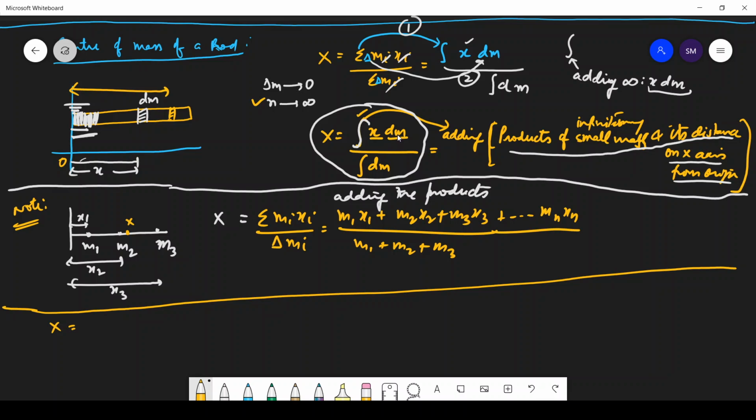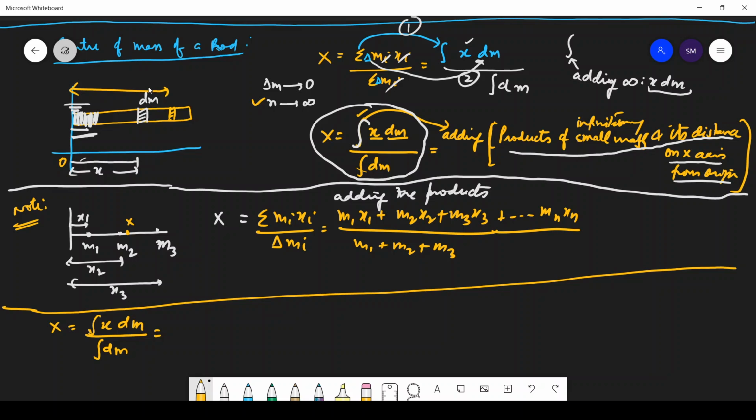In all the questions that you will be doing, the center of mass of the rod is the integral of x dm upon the integral of dm, which of course equals M.